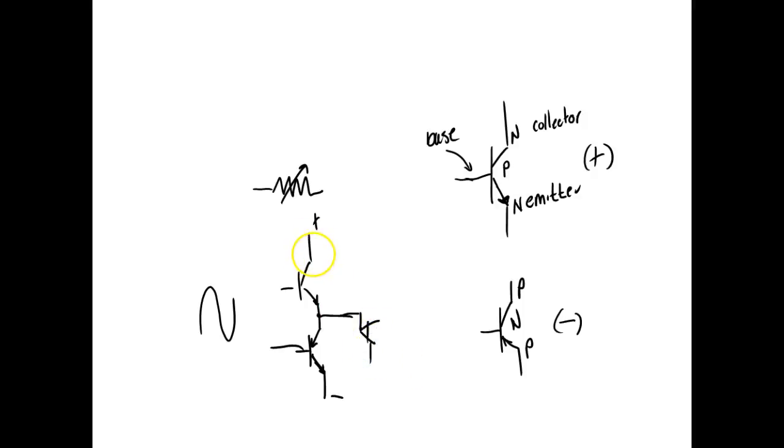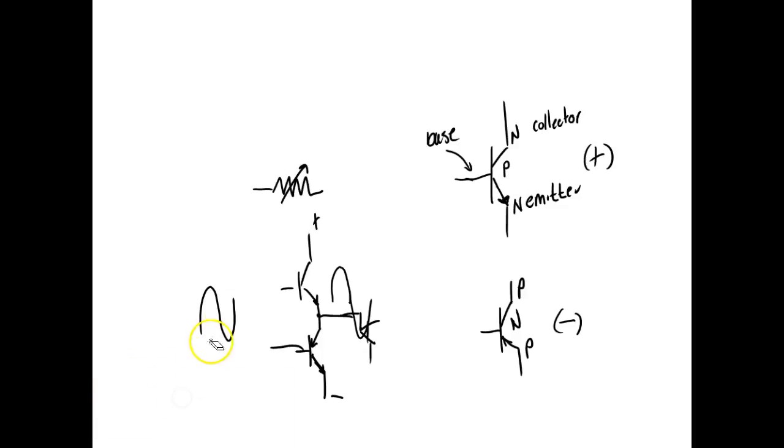So this one turns on and gives me a plus, this one turns on and gives me a minus, and I can get AC out of DC. One of them has to be a PNP and the other an NPN. Normally an NPN operates on positive DC, and a PNP operates on negative DC.